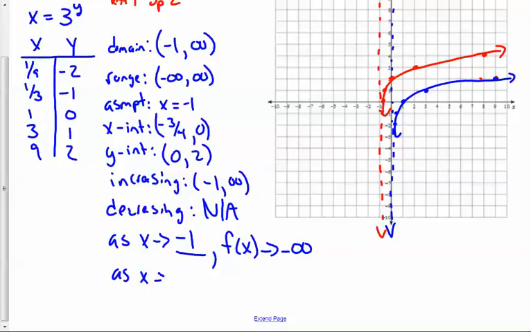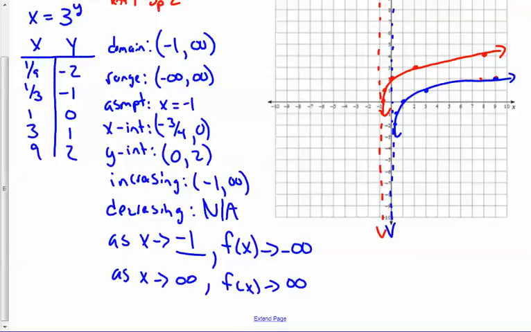And as x approaches positive infinity, f of x also approaches positive infinity. So this end behavior should model your domain and range, right? Just like it did before with the exponentials, it should model the domain and model the range, all right?